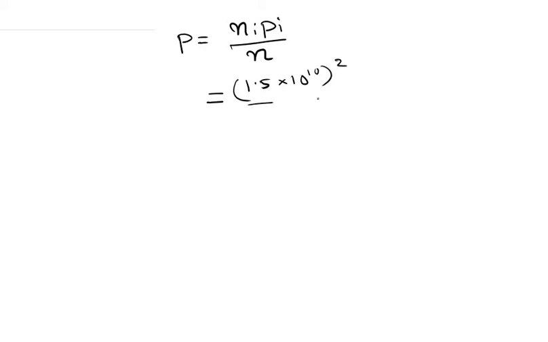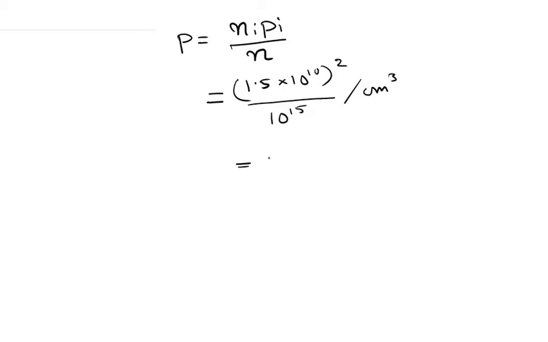So P is equal to Ni² divided by N, which is (1.5 × 10^10)² divided by 10^15 per cm³.